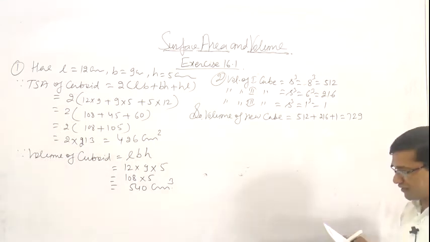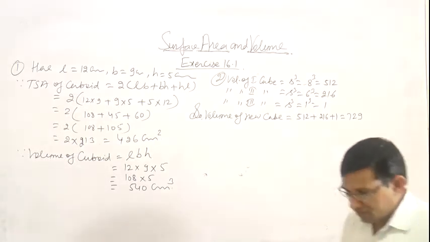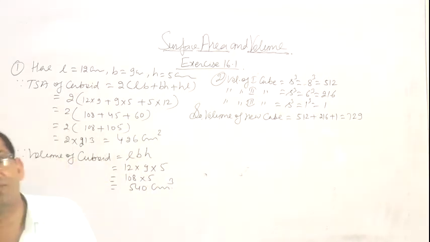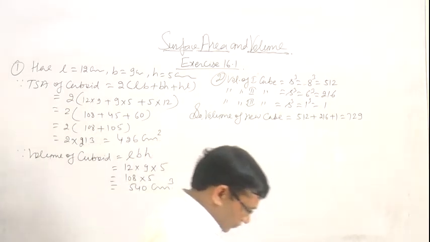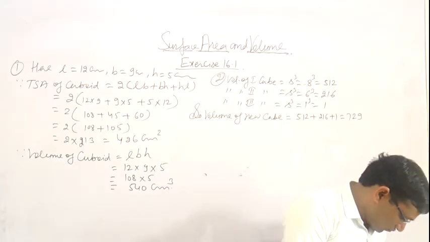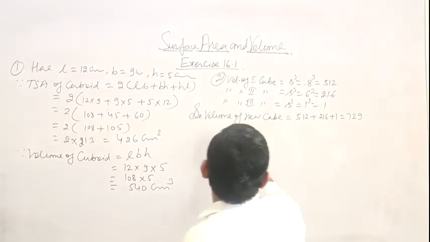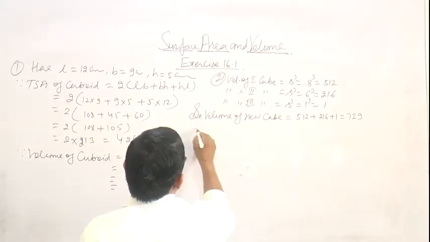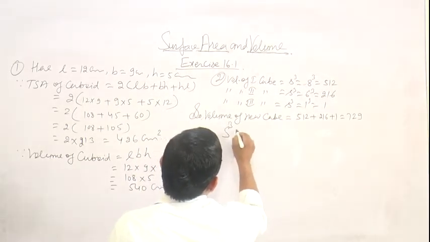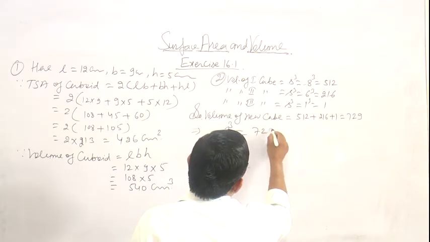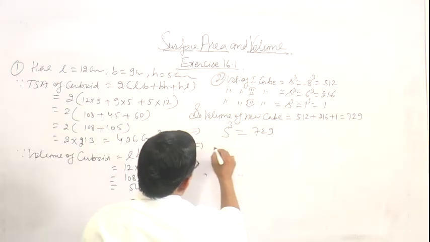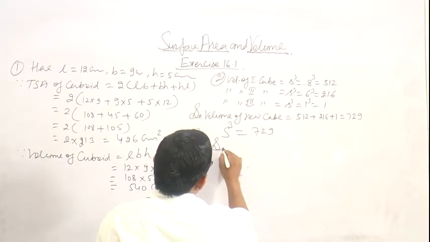Okay, for finding the total surface area of the new cube, first we find the side of the new cube. So volume of new cube, it means s cube is equal to 729.